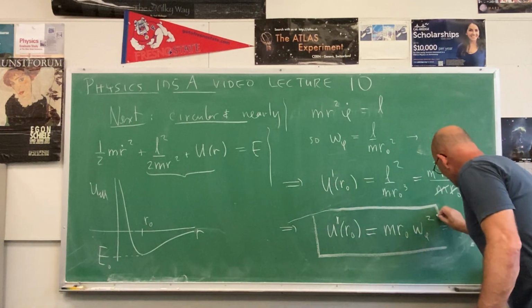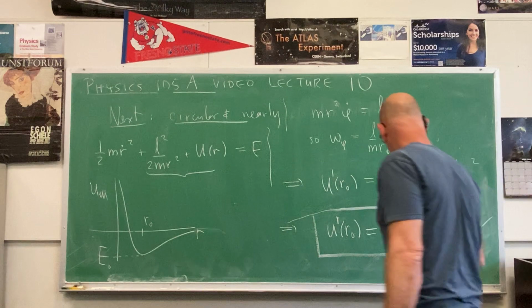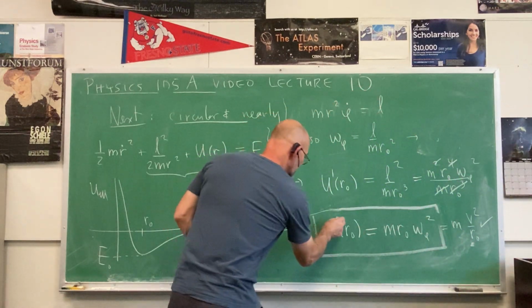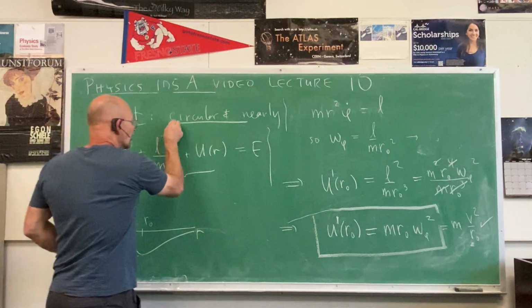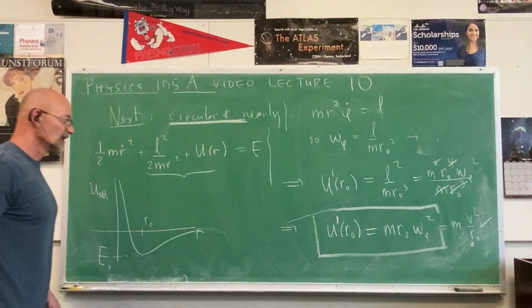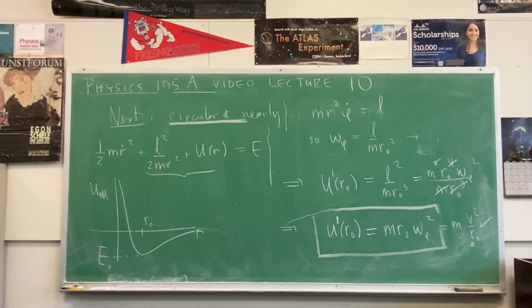So yeah, this thing is very important. This omega sub phi and its relation here to u naught phi. So yeah, we're talking about circular orbits, and that's the big punchline.